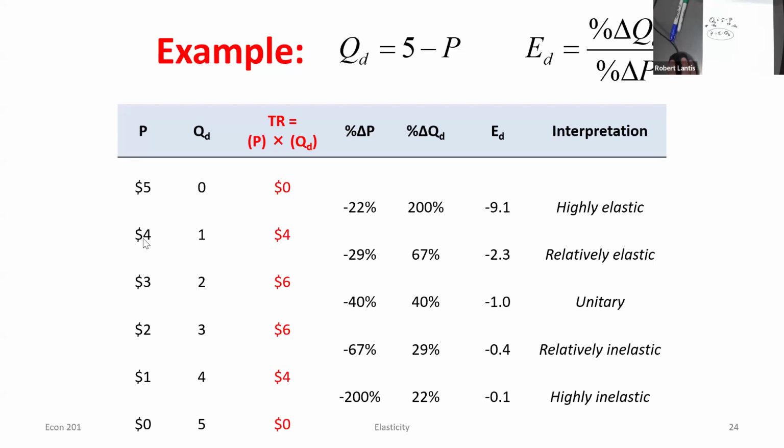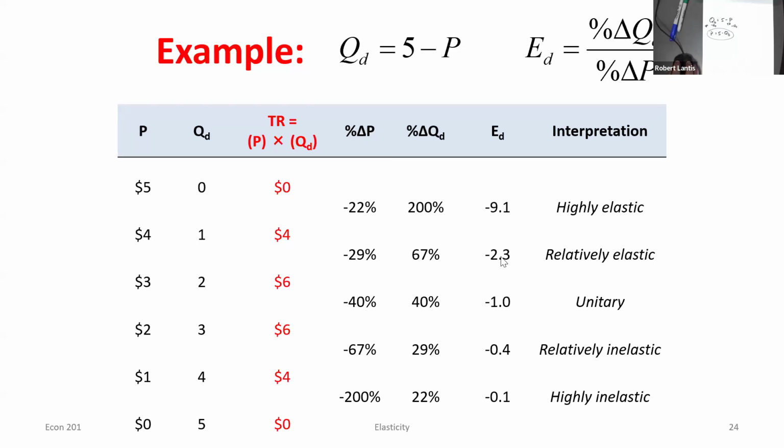As we move to lower and lower prices, or down that demand curve, what's happening to our elasticity of demand? It's becoming more inelastic, getting closer to 0. We already talked about this: when we look at lower parts of the demand curve, my elasticity is getting closer to 0. I'm becoming more inelastic. Notice that initially, when demand is elastic, if I decrease the price, total revenues are going up.